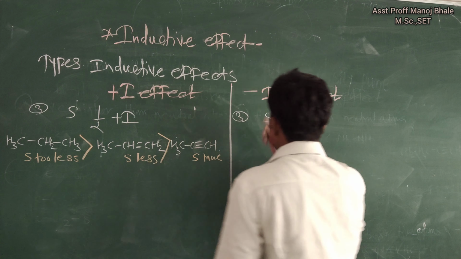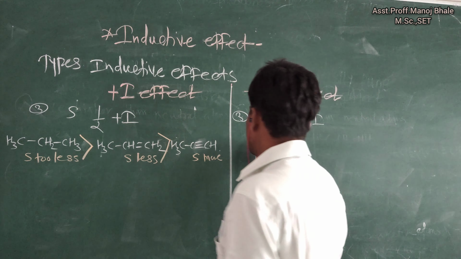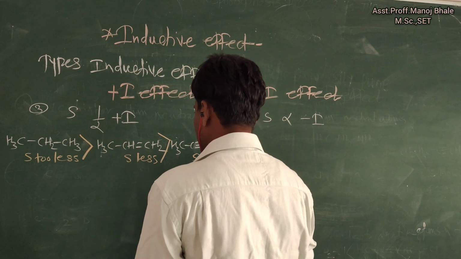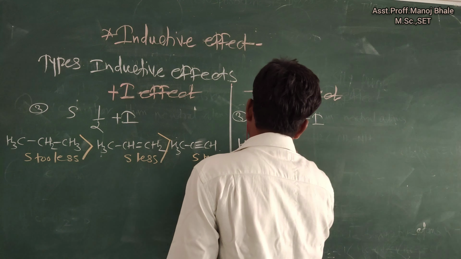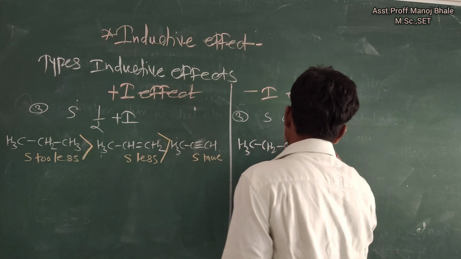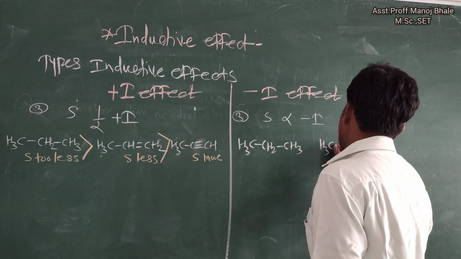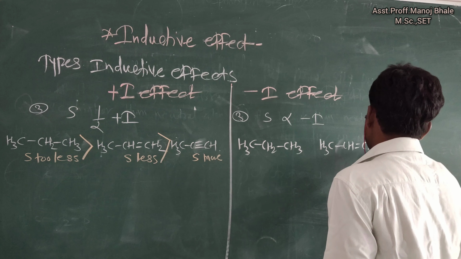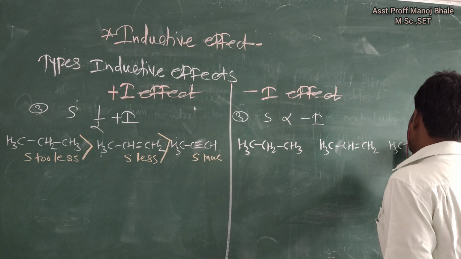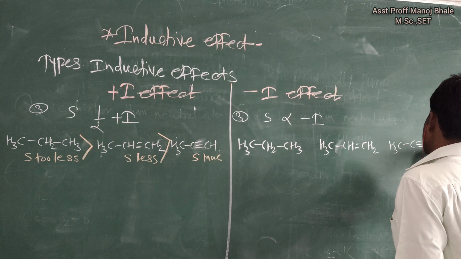But in the case of the minus I effect, it is completely different. We consider the same examples: CH3, CH2, CH3, then CH3, CH double bond CH2, and the third example CH triple bond CH.